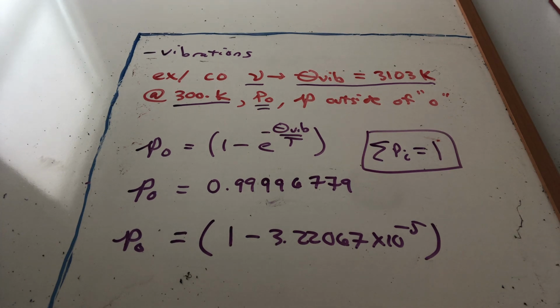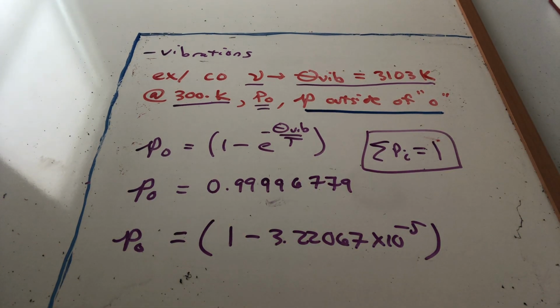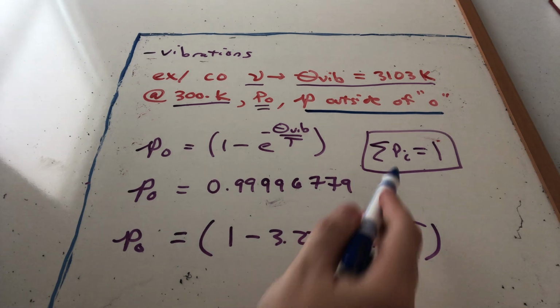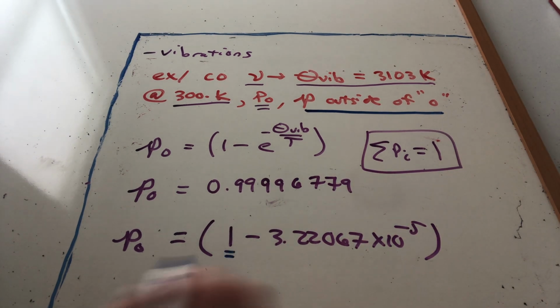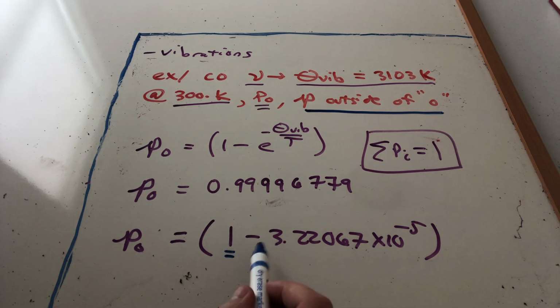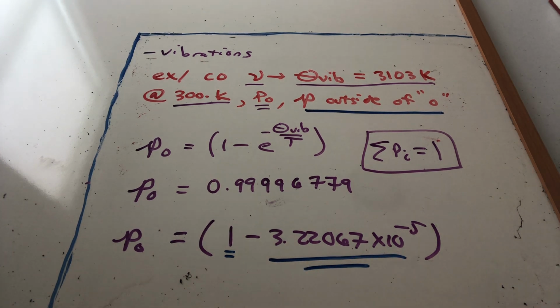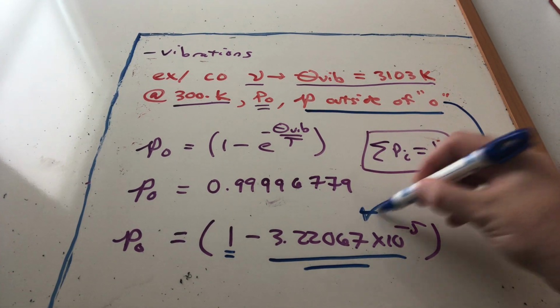So I mentioned this whole question here at the top. What's the probability to be outside of that ground state, outside of that 0 state? Well, if the probabilities have to sum to 1, then I have a 1 minus this here in terms of my P0. So whatever number you see here answers that question.